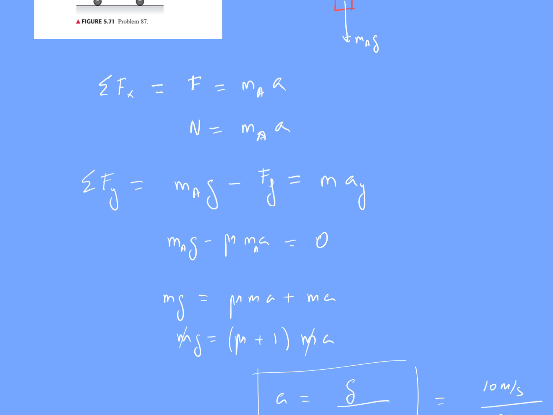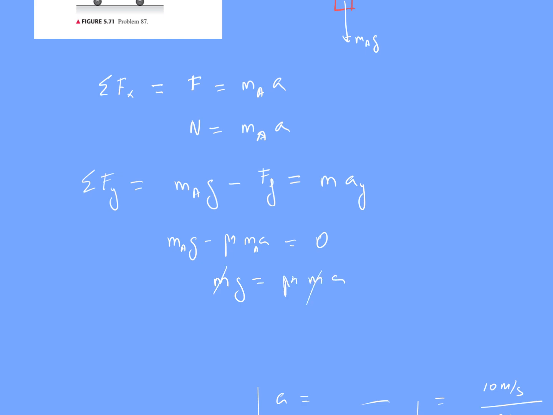So let me rewrite this. The equation will be m by g equals mu by m by a. The m will cancel, so a is g divided by mu.